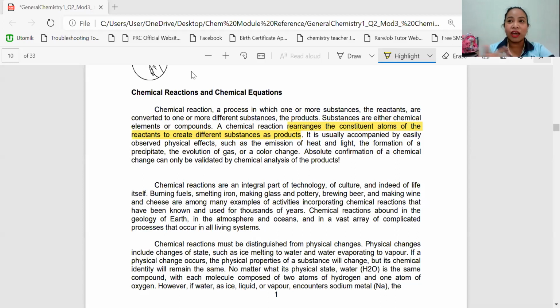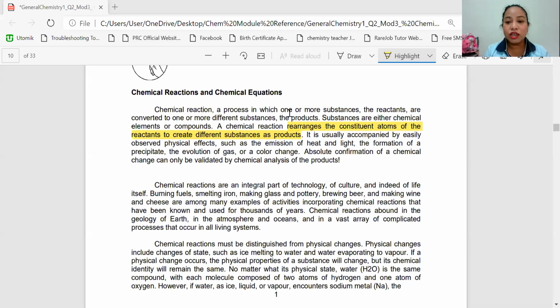So actually, it was just rearranged. We call it the ash.